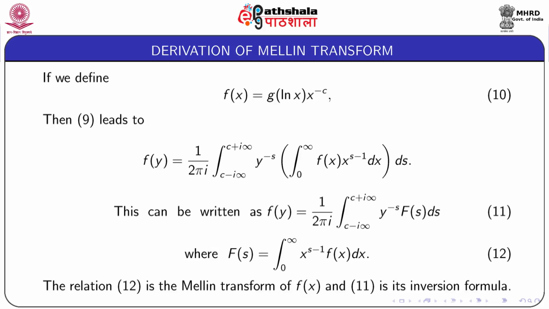Now, if we write the inner integral, that is the x integral, as capital F(s), that is capital F(s) equal to integral from 0 to infinity x to the power s minus 1 small f(x) dx, as given in equation 12, then we can write this equation as f(y) equal to 1 by 2 pi i integral from c minus i infinity to c plus i infinity y to the power minus s capital F(s) ds, as given in equation 11.